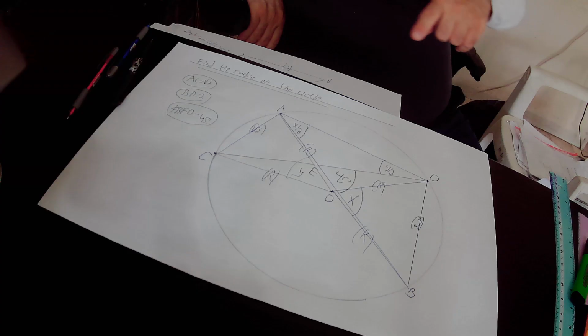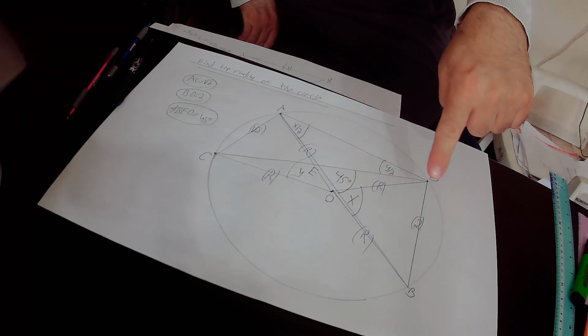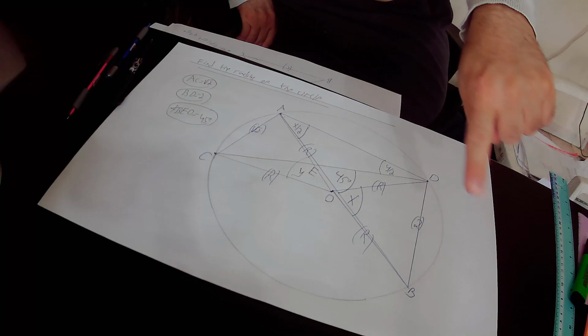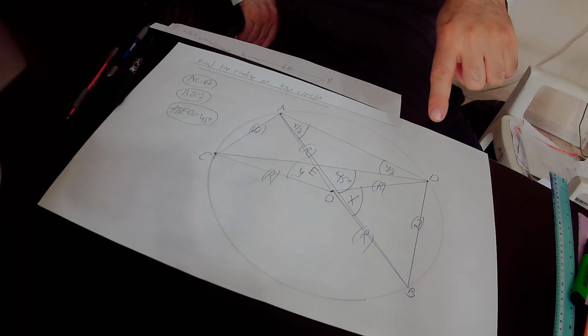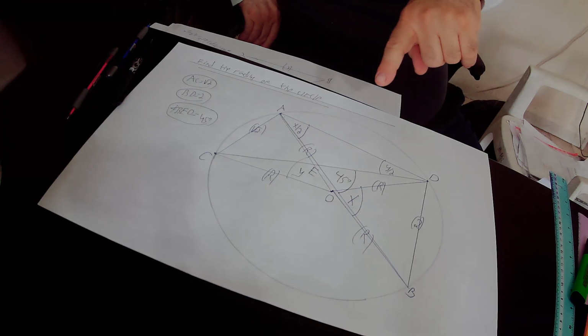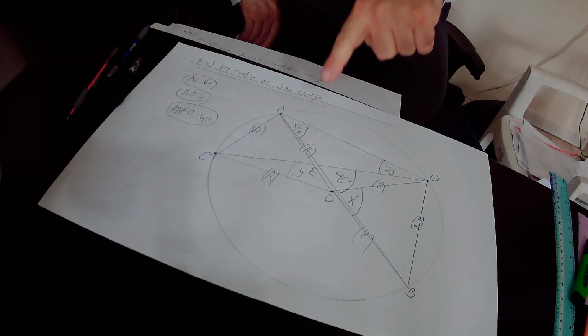So we know that both the center angle DOB and peripheral angle DAB subtend on the same arc, DB, and therefore the size of the center angle must be twice as large as the size of this peripheral angle DAB.